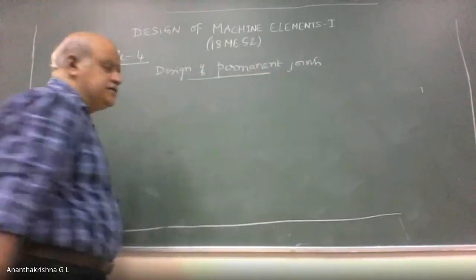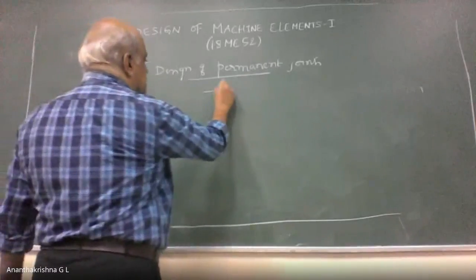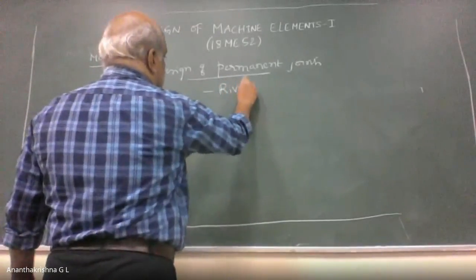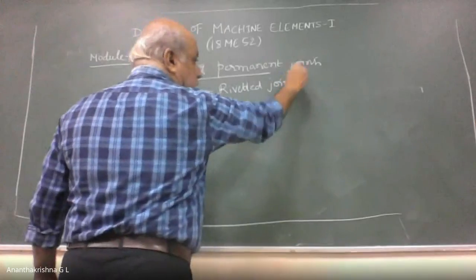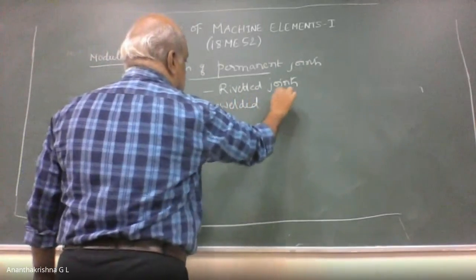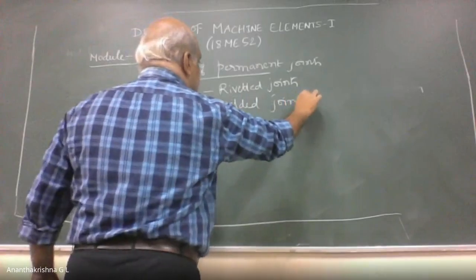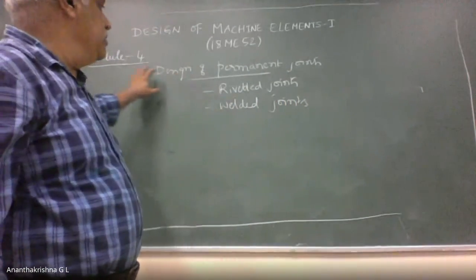Under this, we are going to learn about design of riveted joints and then welded joints. These are the two permanent joints for which we need to do the designing.